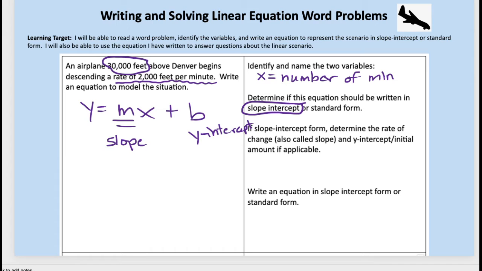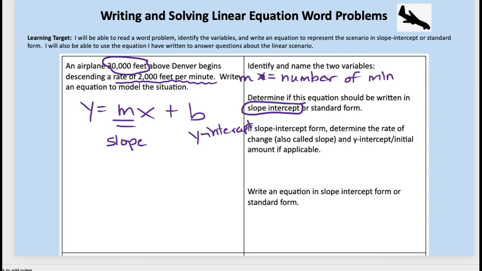And actually, let's pick the variable m, just to show you that it doesn't matter if you use x and y. The reason you see x and y so often used is because of coordinate plane graphing. But let's just go ahead and use two different variables. So now I'm going to use the variable m to stand for the number of minutes.